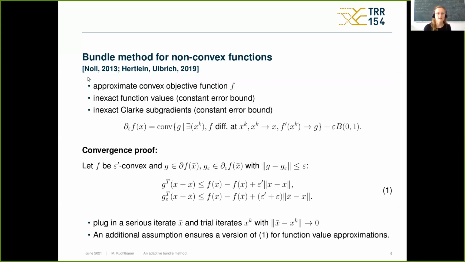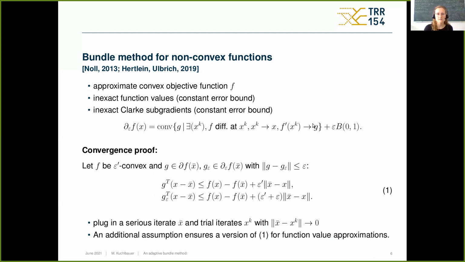For example, there's the bundle method by Null, which is suitable for approximate convex objective functions and inexactness in function values and in subgradients. The type of inexactness for function values says that there is a constant error bound on the distance between inexact and exact function value, and the same type of inexactness is considered for the Clarke subgradients in Null's bundle method.